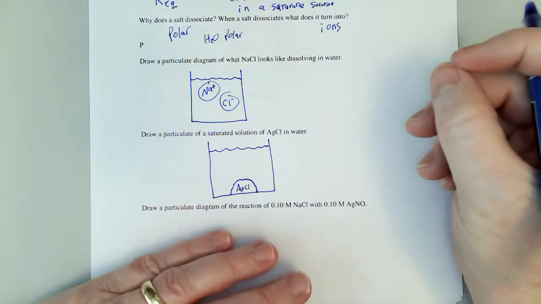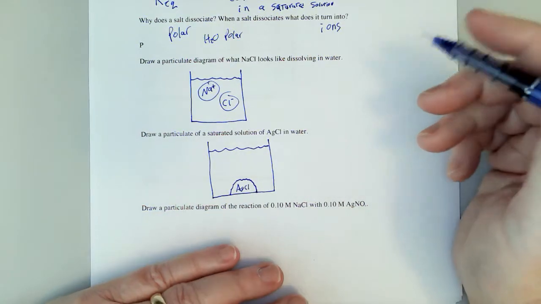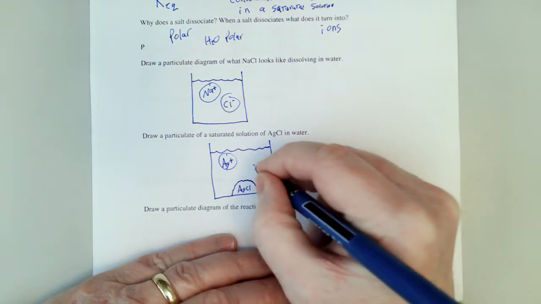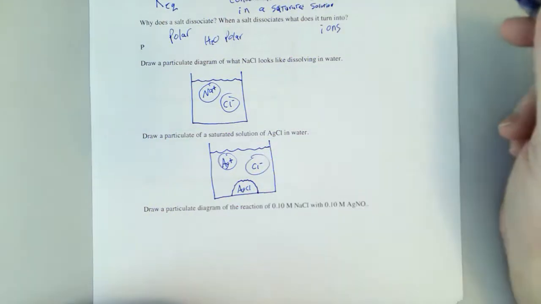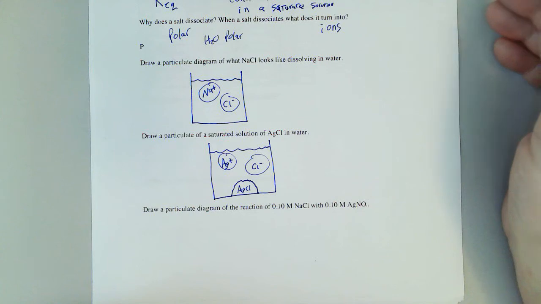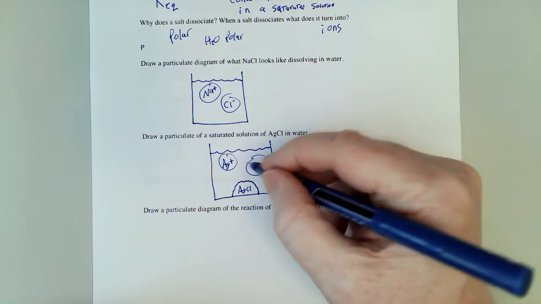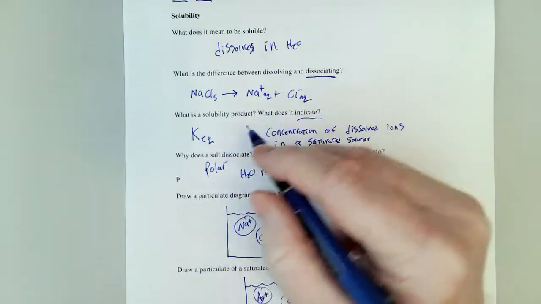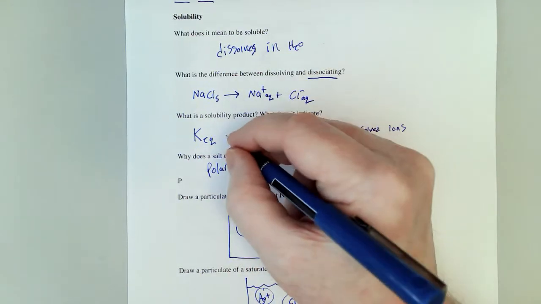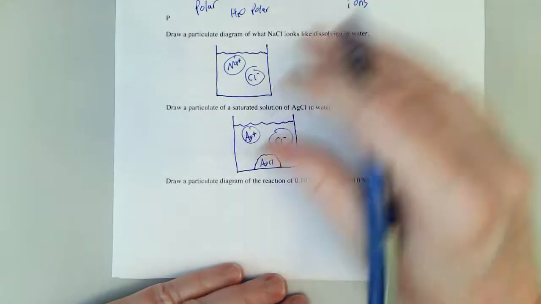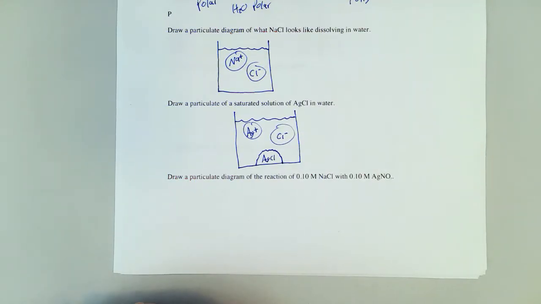It is going to dissociate to a very minor extent. So I will have some Ag+ and some Cl- that float around in there. Okay? A tiny, tiny amount. And their concentrations would be represented by the solubility product, Ksp, which is just an equilibrium constant.